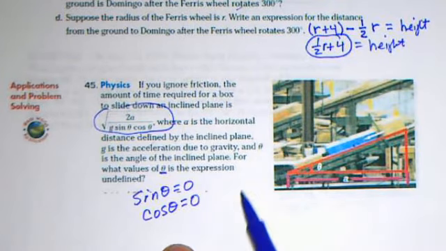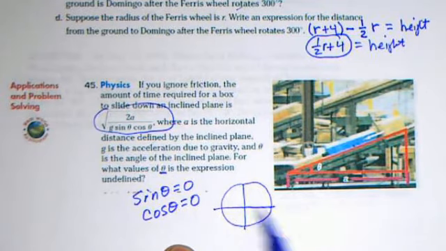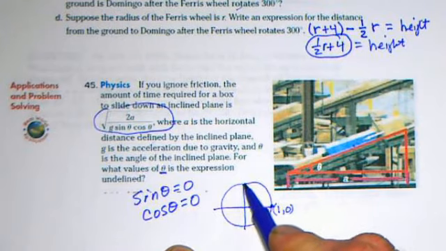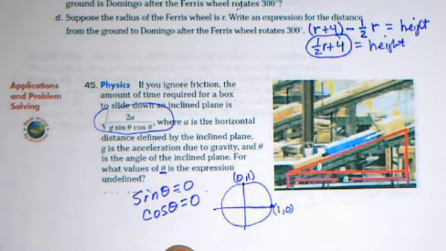So if we go to, say, the unit circle and think about the quadrantal angles, out at 0 degrees, you have a 1, 0. Cosine is 1, sine is 0 of 0. At 90 degrees, we have a 0, 1. Cosine of 90 is 0, sine of 90 is 1.